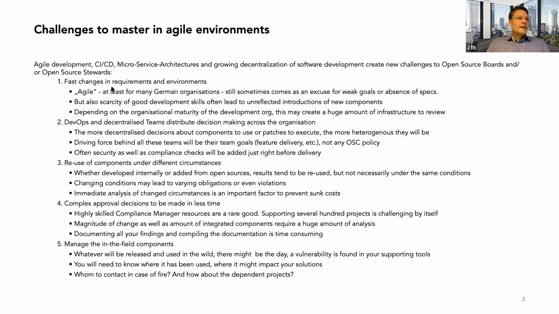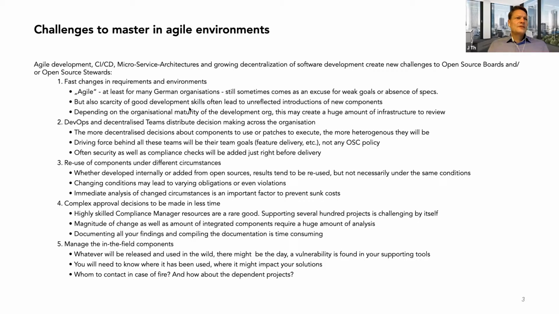One thing that makes it really hard for these central units to cope with the change is what we call Agile. Many organizations call themselves agile, but they are still somehow not; it's more a concept for not being specific. But even those that are doing it in a correct way do not necessarily have open source compliance, or even open source security, in mind.